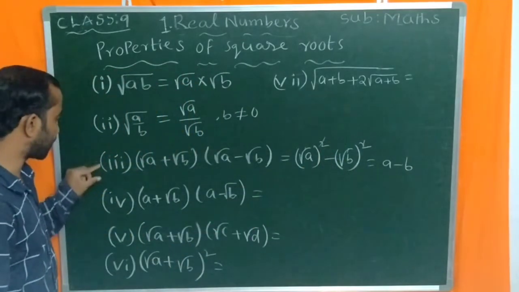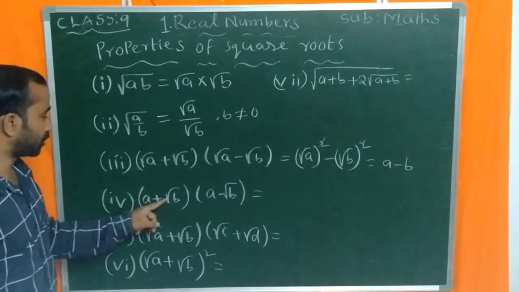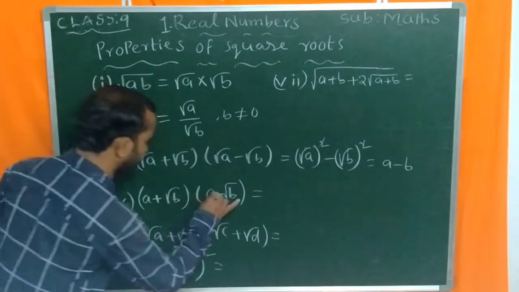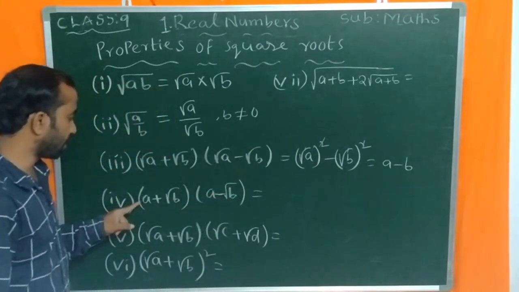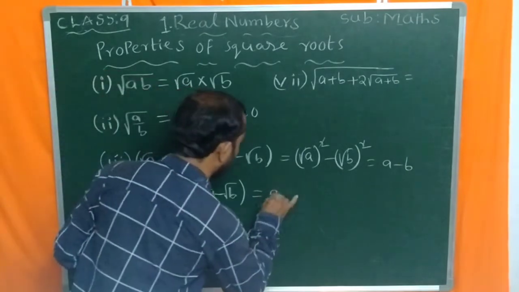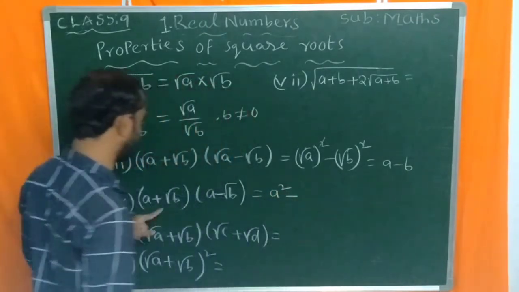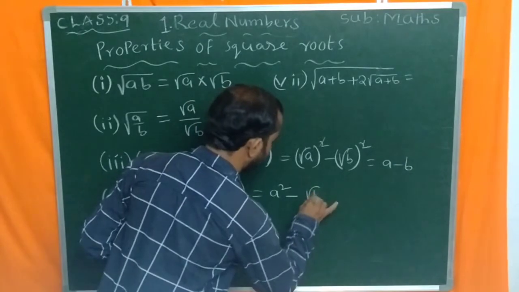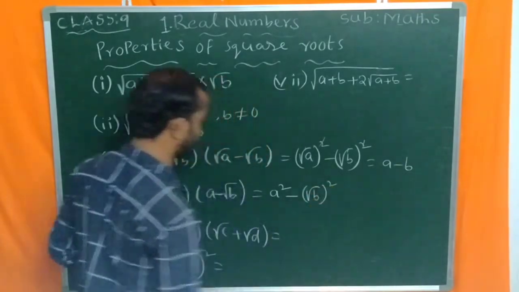And the same process for the fourth one also. (a plus b) into (a minus b) is like that. So a is a, and b is root b. So this is written as a square minus b square, where b means root b, whole square.